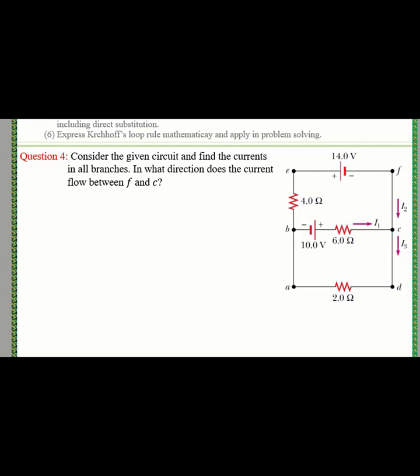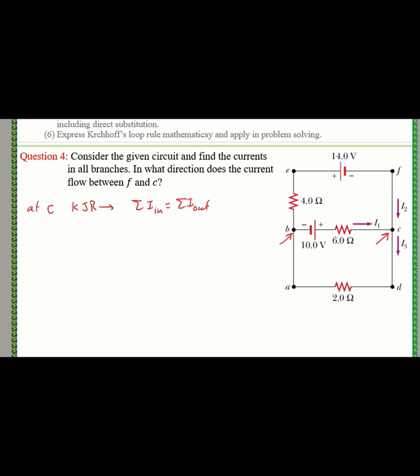And we have two junctions at B and C, so we can apply Kirchhoff's junction rule once. At C, Kirchhoff's junction rule yields sigma I in equals sigma I out.